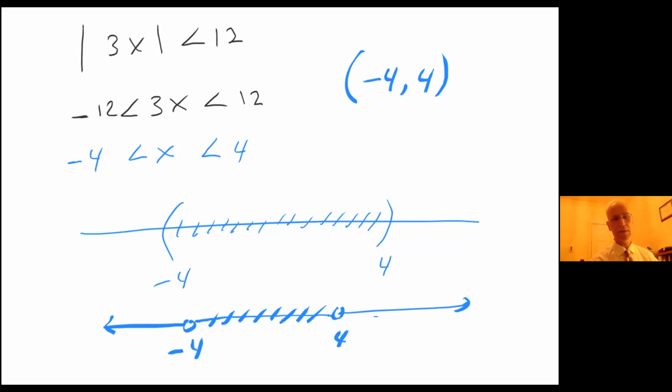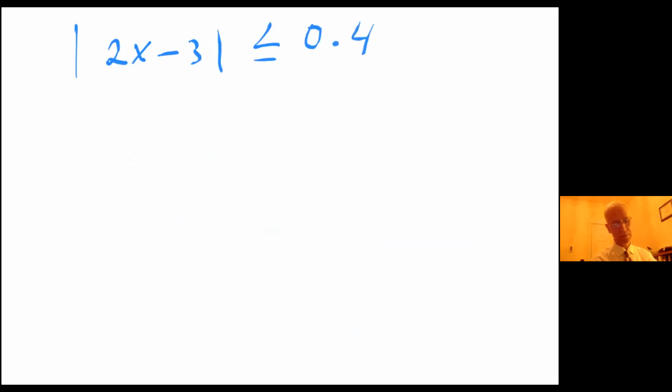Let's do one involving, say, decimals. Suppose I have absolute value of 2x minus 3 smaller than or equal to 0.4. Now, this means that 2x minus 3 is between -0.4 and +0.4.